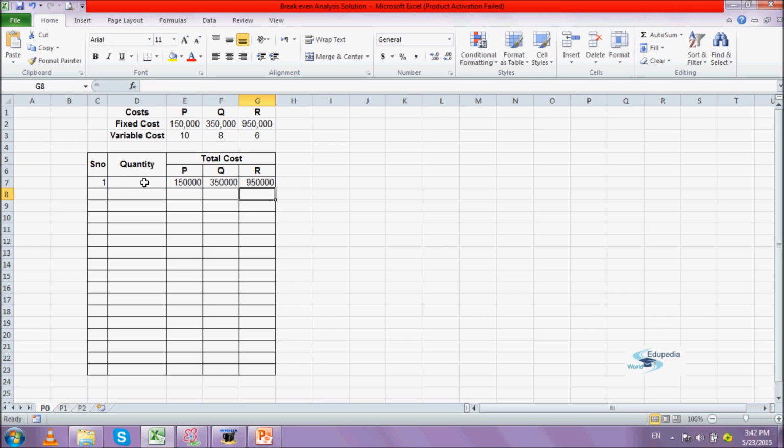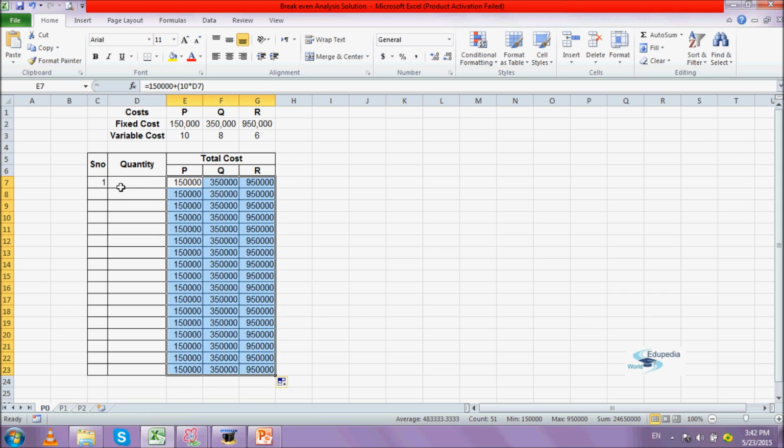In Excel we'll get a better graph and you can have a look. Now let me drag this down to the last values, and then we'll put the various inputs for quantity.